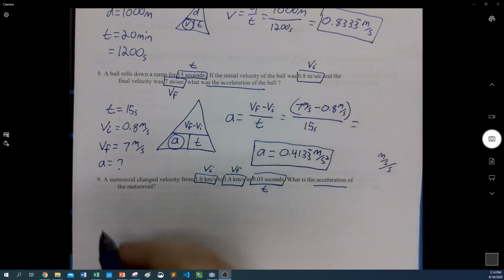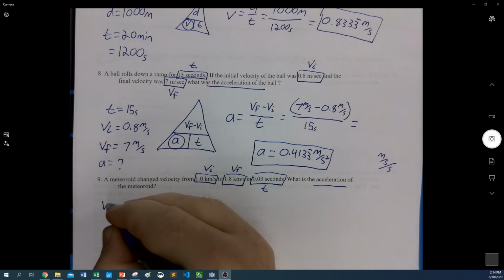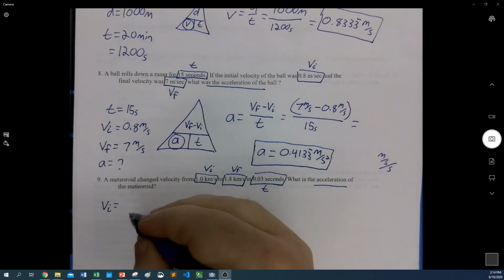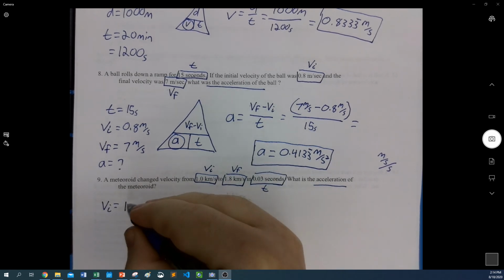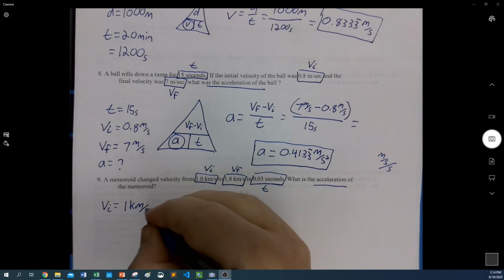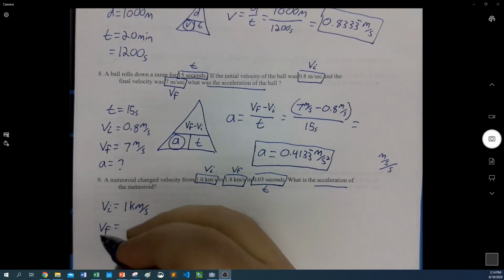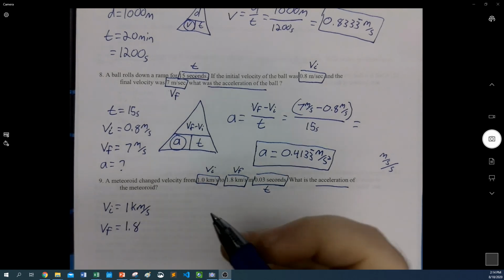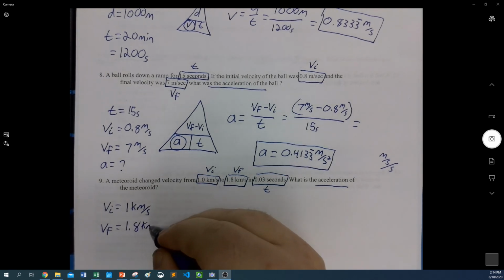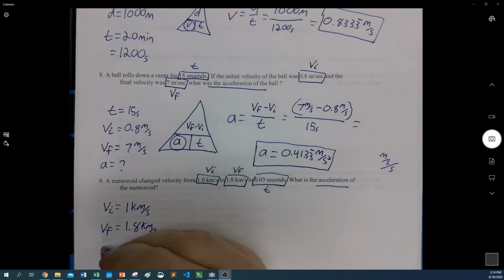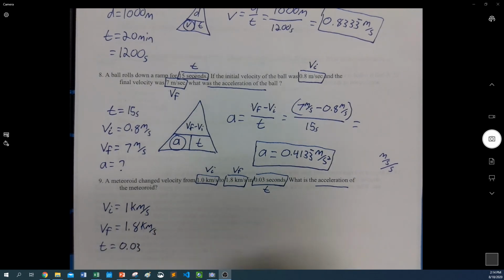Asking for acceleration. So our initial velocity is 1 kilometer per second. Our final velocity is 1.8 kilometers per second. Our time is 0.03 seconds. And we're looking for acceleration.